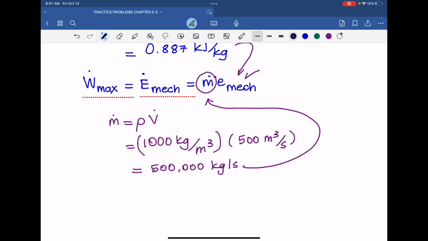Okay, so let's do that. Always include the units, because they will tell you if you are arranging the equation correctly and finding the right value at the end.